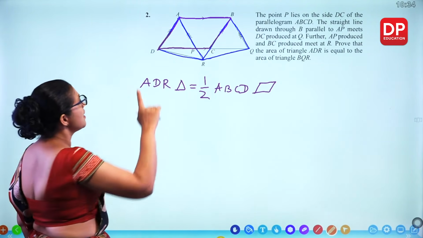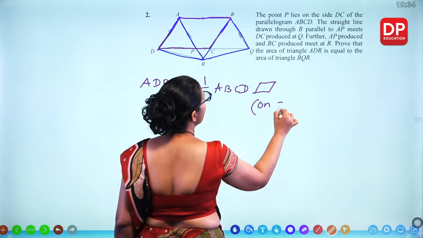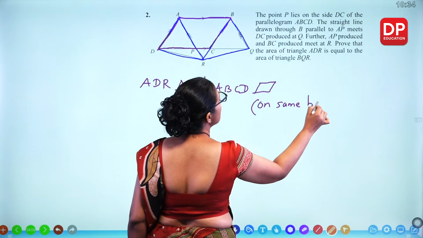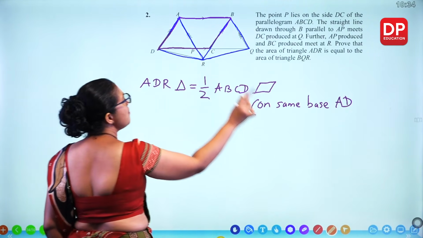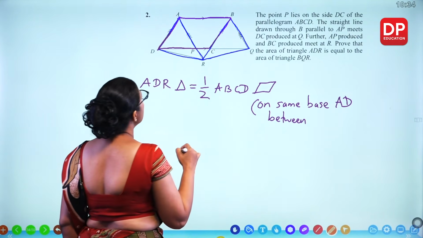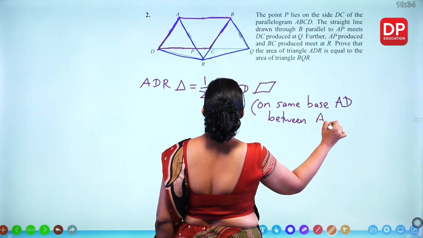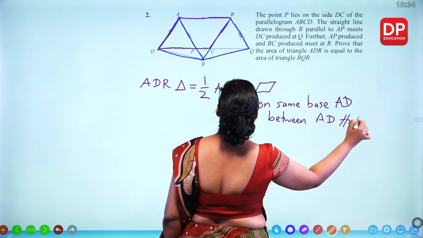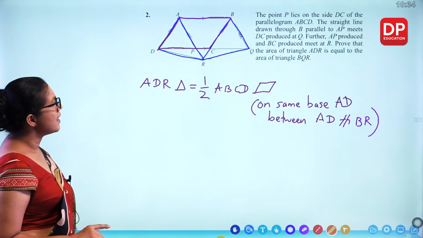What's the reason? Because on the same base AD and in between same pair of parallel lines AD and BR. So that's half of that.